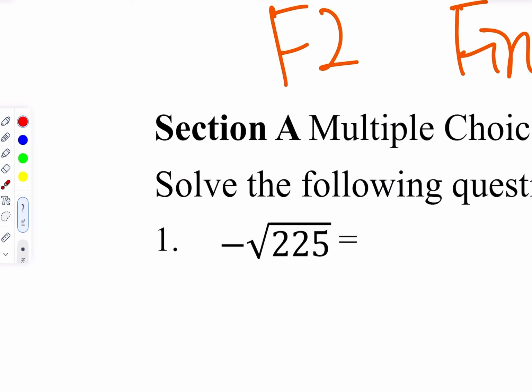So just click negative square root 225. What do you get? You'll get negative 15. There is no more square root because the square root is gone, so just negative 15 is your answer.